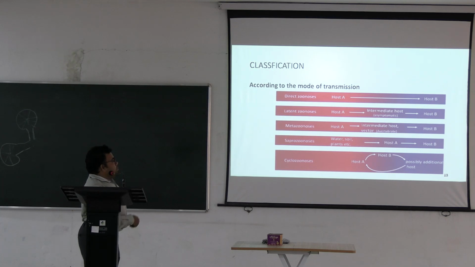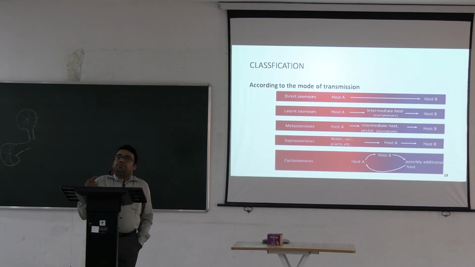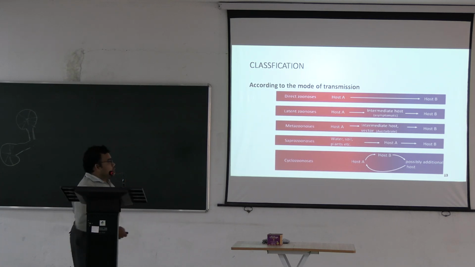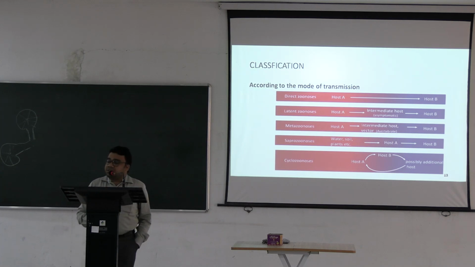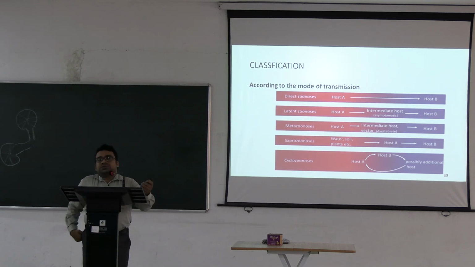Another would be saprozoonosis. Sapro means, I think you have heard about saprophytes, organisms which can derive nutrients from the environment. So saprophytic zoonosis means all the infections which a human being can acquire from the environment. For example, a few fungal diseases like aspergillosis and histoplasmosis.